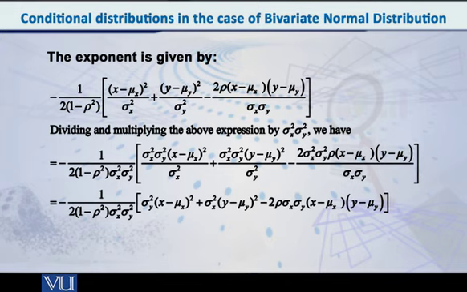The first step that I will do is to multiply and divide this expression by sigma square x into sigma square y. We will take the multiplied term inside, attaching it to all three terms inside the square bracket, and keep the divided term outside.